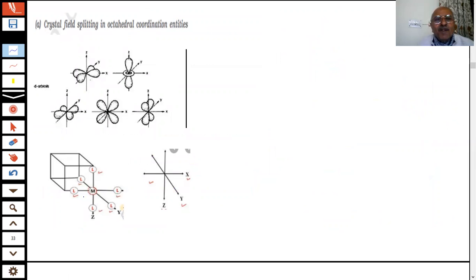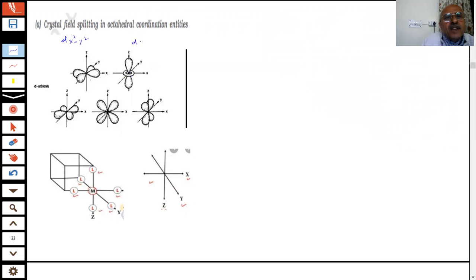Whatever we were trying, now we are showing it here. You have answered the question. I thank you for that. So students, here is a picture of the 5 d orbitals. See this x and y, dxy orbitals. This is our dz square. These two sets are dx square minus y square.